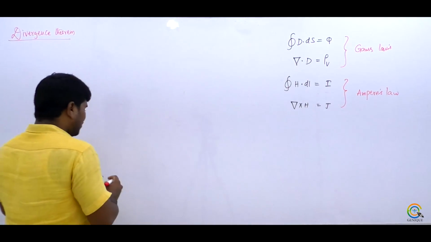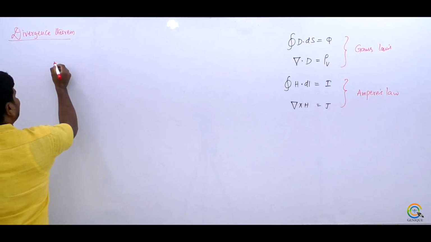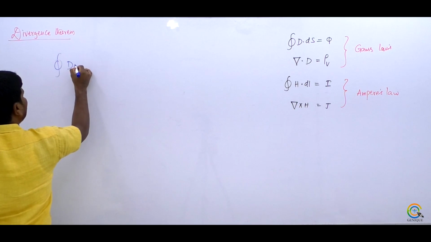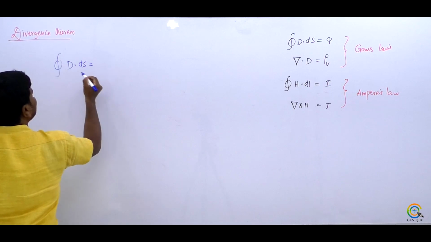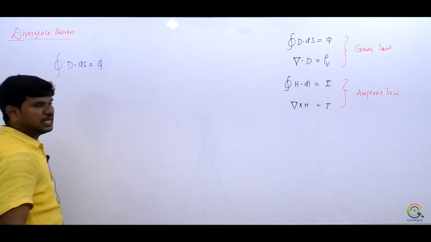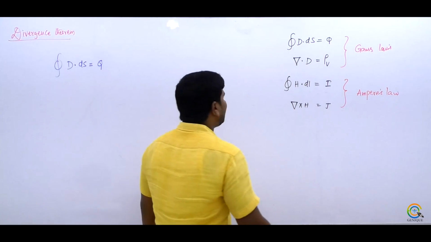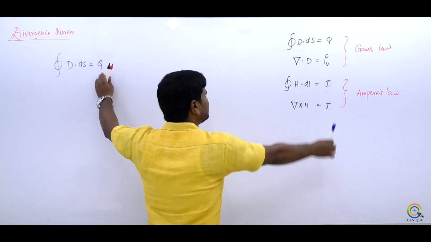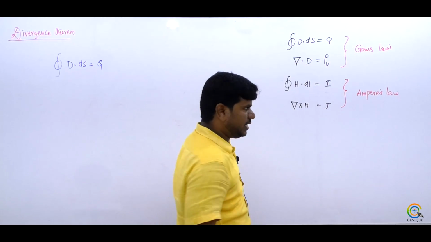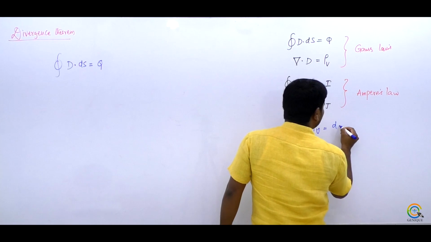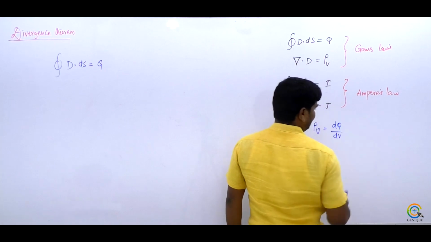We have already observed that closed integral D dot dS is equal to Q. If I want to relate this integral with respect to the volume charge density, we know rho v is equal to dQ by dV.